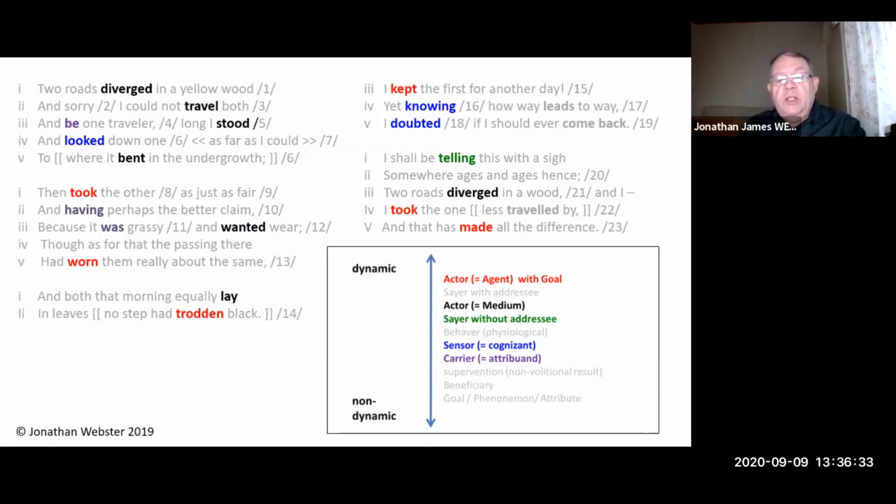So you have those that are the actor without a second participant. Then you have the actor with a second participant: took the other, warned them, trod in black, kept, took, make. Now that's throughout the poem. We have some that are like the verb to be. We have some that are sensing processes: look, no doubt.